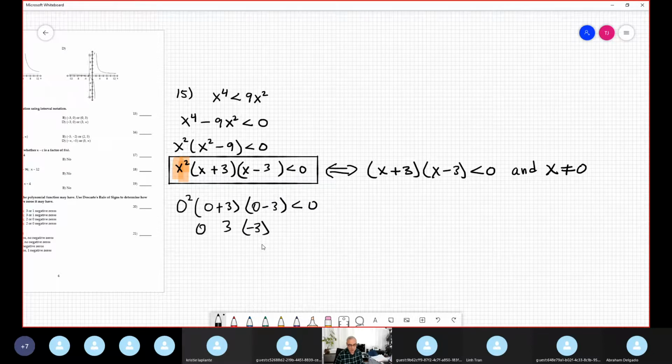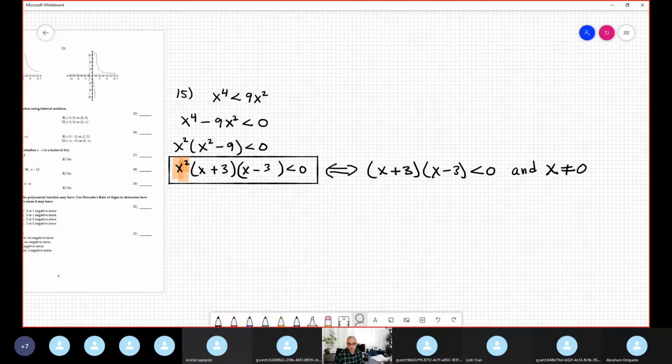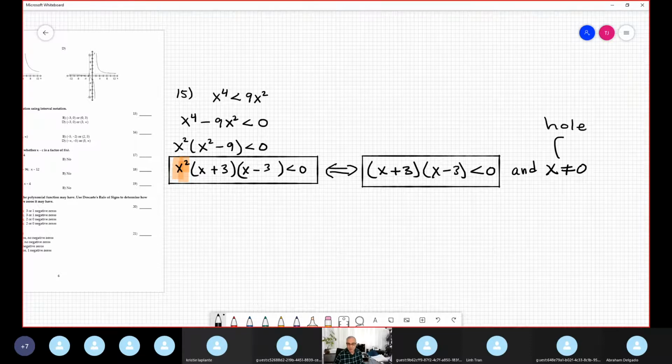But this is 0, and multiplication by 0 is always 0, and 0 is not less than 0. Okay, so to have a true statement, you exclude 0 from the game, so no 0. And you know at 0 we have a hole, and that's it. Okay, so now you focus on this inequality, solving this under the only consideration that at 0 we have a hole. Clear?